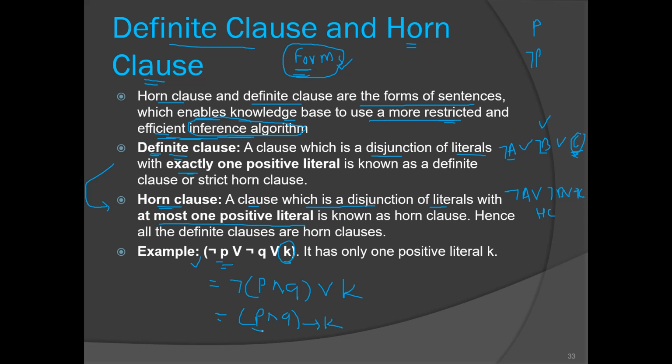So what are P and Q? These are the two premises and they are true. So if P and Q are true, then we can conclude K. This is the scenario behind definite clause and horn clause. That means if the negated literals are true, then the positive literal can be concluded. This expression is equivalent to P and Q implies K.